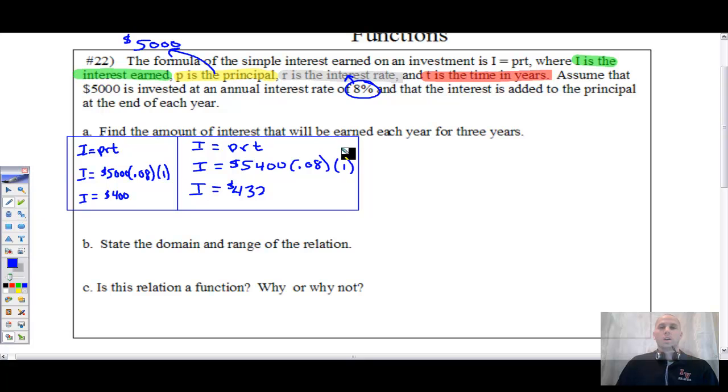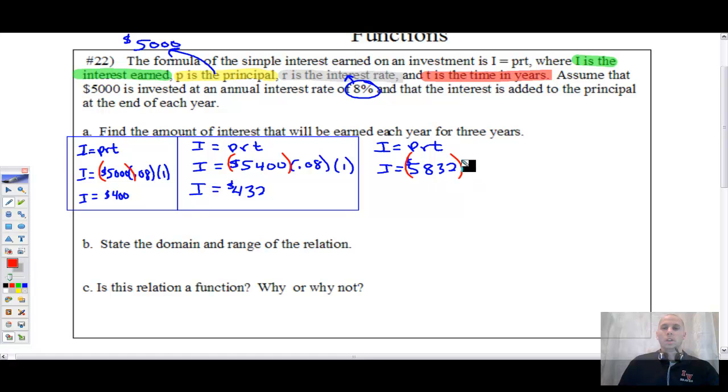Year 3, interest equals principal times rate times time. You do need to write the formula every time you use it. Principal, I take 5,400 and add 432. That's $5,832. Technically, I should have been using parentheses when I substitute these things in. 1,000 pardons.